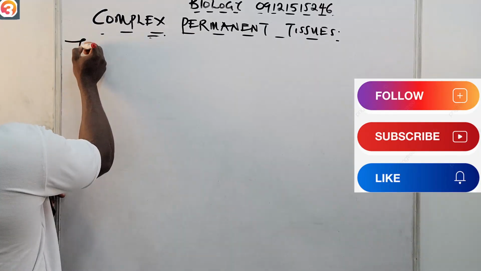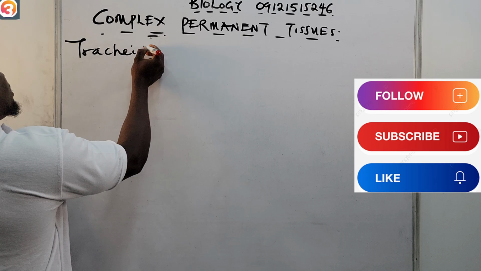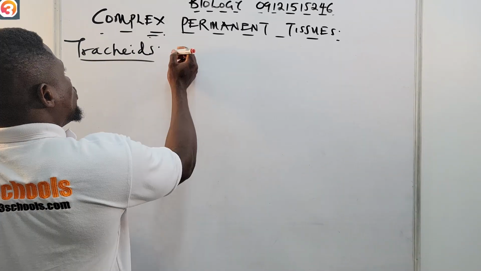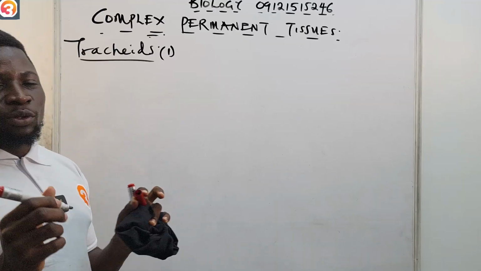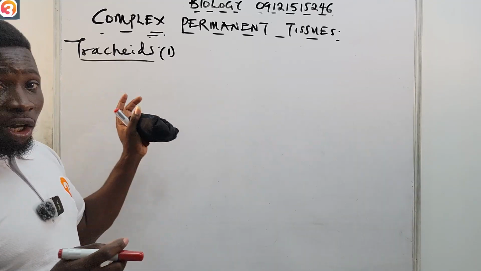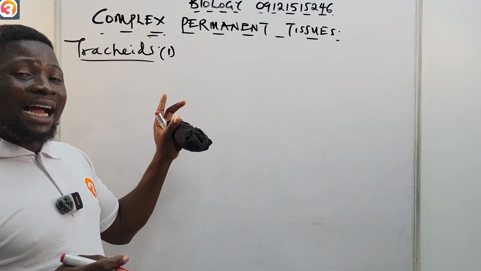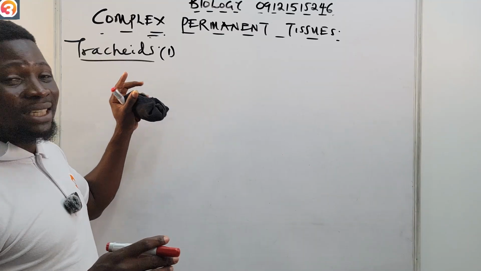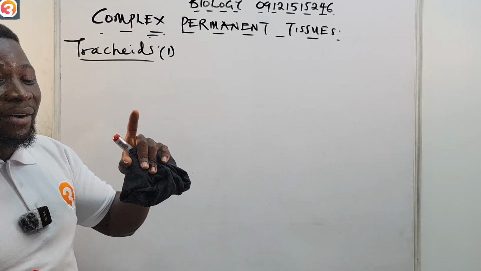So let us see the characteristics of the tracheids. Number one, they contain what we call large dead cells. Remember, I told you that all components of the xylem have dead cells, except the xylem parenchyma.